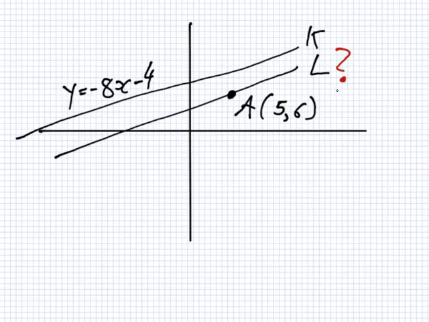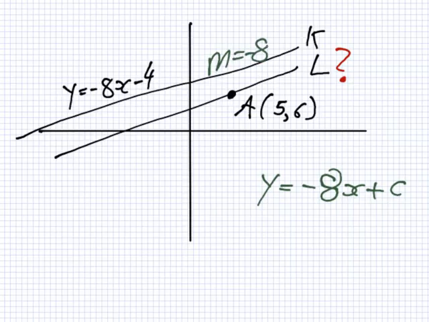Okay, so who can tell me what I should do first? Because m is the same, yeah? Y equals minus 8x plus c. So here the slope is minus 8, so it means here it's also minus 8. How can I find the c?